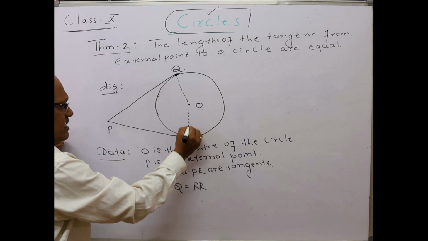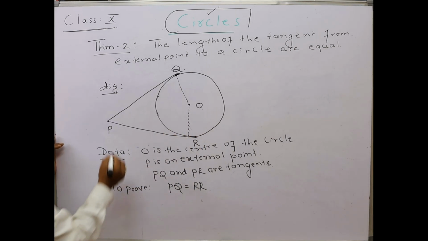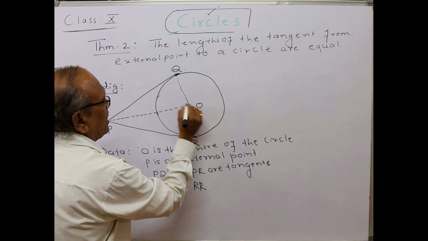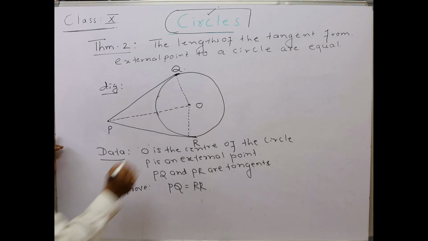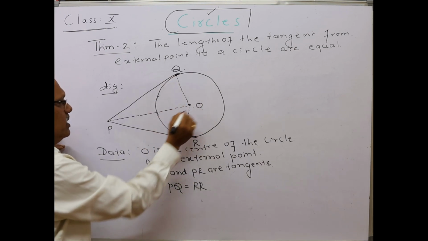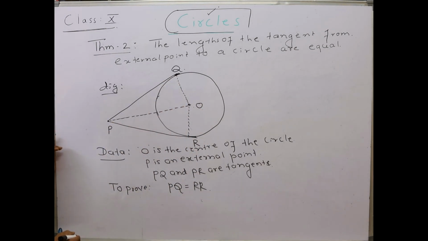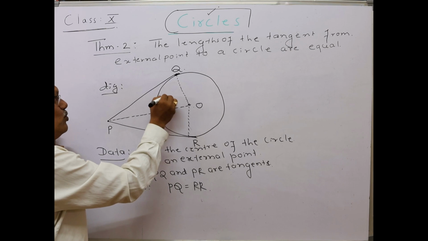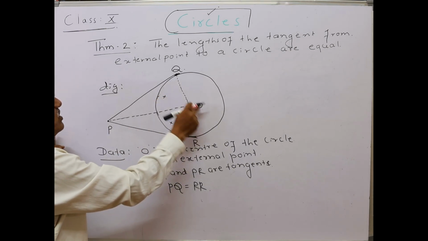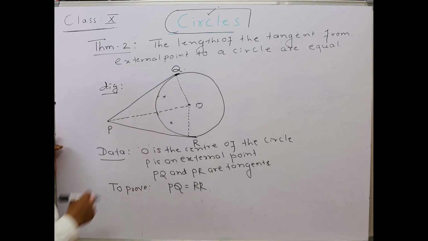You studied SAS, SSS. To create that situation, I am making a small construction here. If you join the radii OR and OQ, and join OP, why am I doing this? By doing this, I will get 2 triangles, OPR and OPQ.